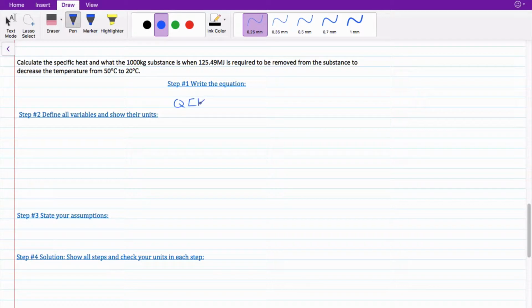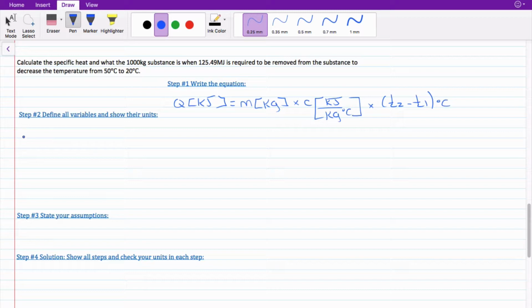I'm going to use the specific heat equation again. That's Q, in kilojoules, equals your M, your mass, times your specific heat, in kilojoules per kilogram degrees C, times your temperature change, which is T2 minus T1 in degrees C.